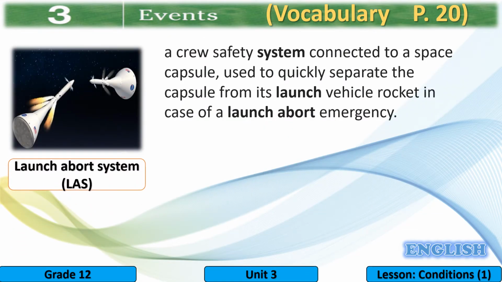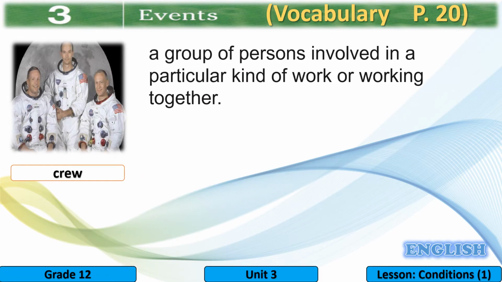Now let's have a look at the meanings of the phrases or the words. First one, launch abort system is a crew safety system connected to a space capsule used to quickly separate the capsule from its launch vehicle rocket in case of a launch abort emergency. Crew is a group of persons involved in a particular kind of work or working together.